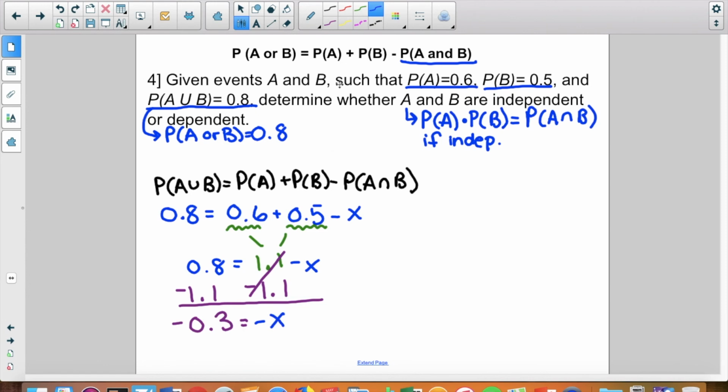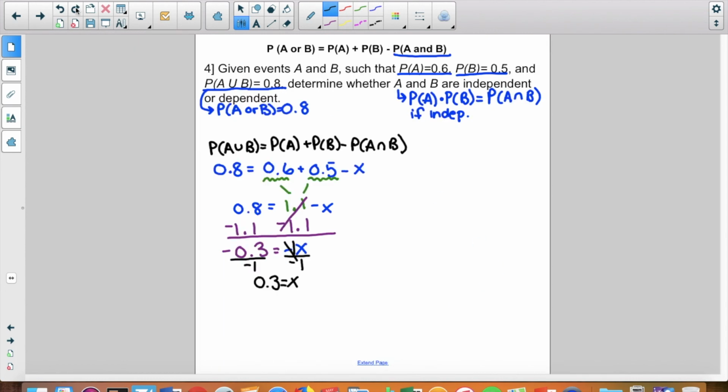So negative 0.3 is equal to, we're going to bring down that negative x. Notice x is not by itself yet. It still has this imaginary negative 1 in front of it. So we're going to divide both sides by negative 1. And here, negative 0.3 divided by negative 1 is just 0.3. And we're left with x. Now remember what this meant.